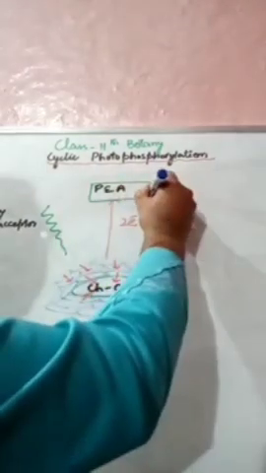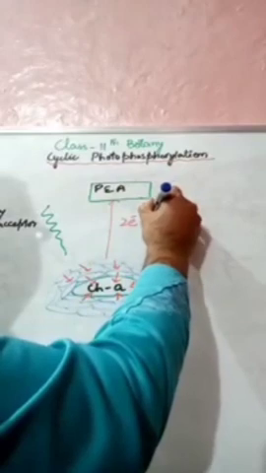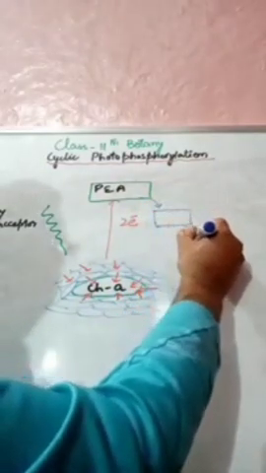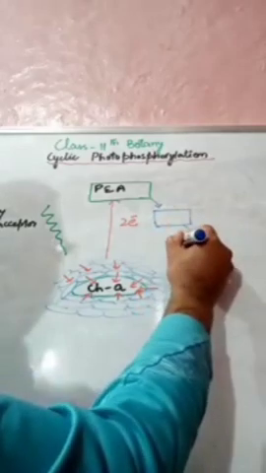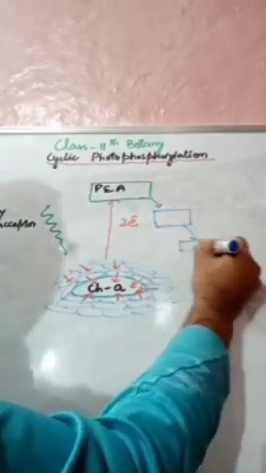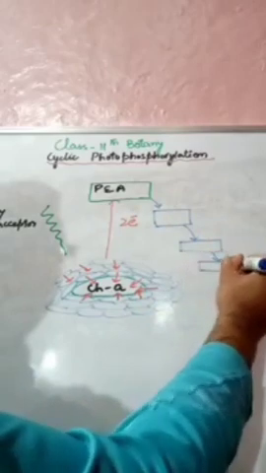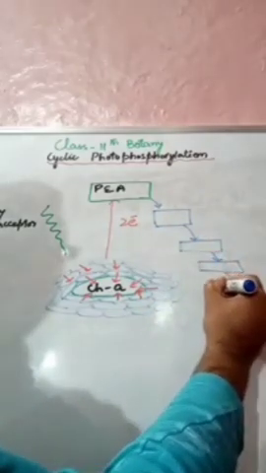There are four acceptors which accept these electrons. This is one, this is two, this is third, and this is the fourth.